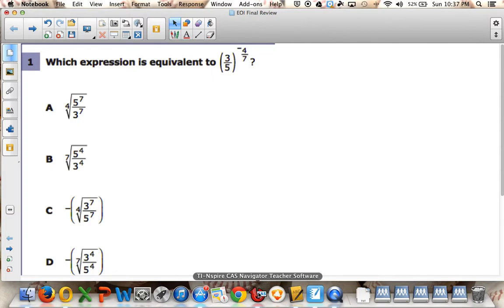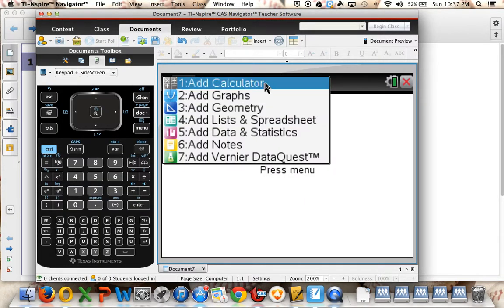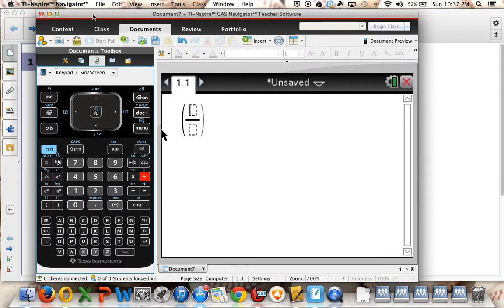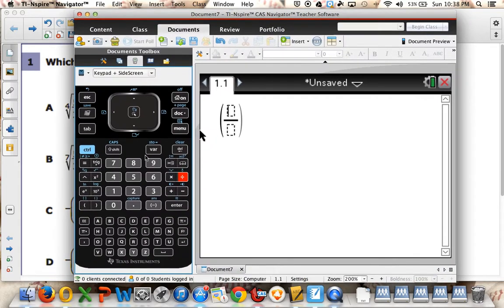Okay, we're going to pick up our calculator. We're going to go to a new document and add calculator. I'm going to go parentheses, control divide so I can get a fraction there. Move it over here, make sure I get the right 3/5, 3 on top, 5 on bottom.